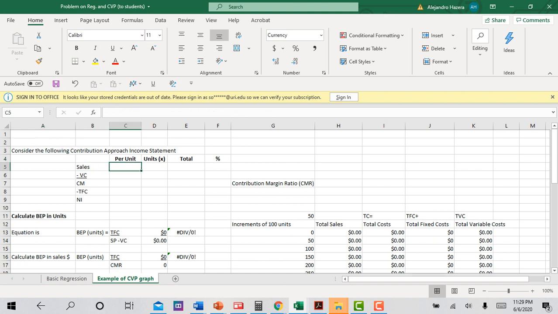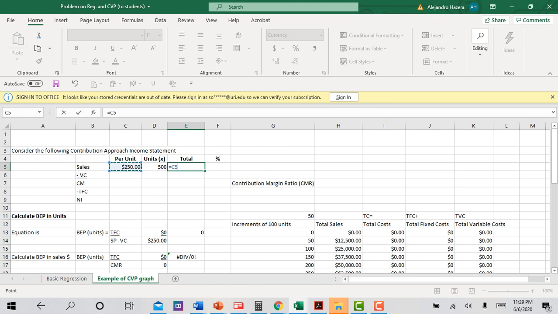Okay, what we haven't come up with yet is a revenue line, but just for the sake of argument, let's say that this company, for whatever reason, sells each unit for $250, and let's say they sell 500 units.